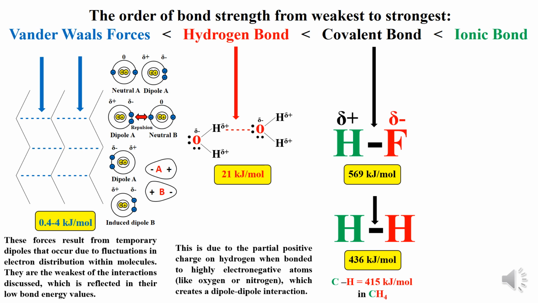Now moving on to the ionic bond. How is the ionic bond formed? An ionic bond is formed by a complete transfer of electron from one atom to the other, resulting in the formation of positively charged and negatively charged ions.